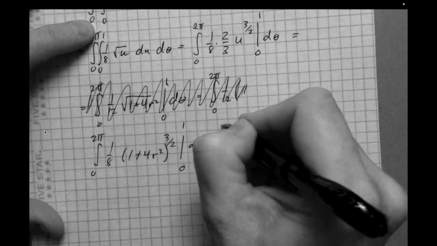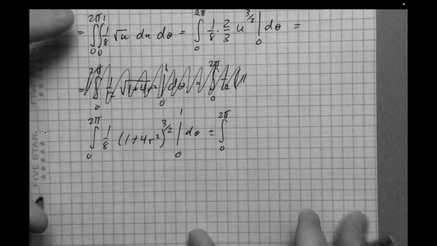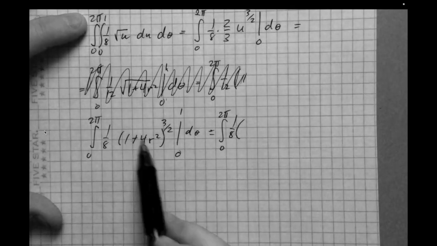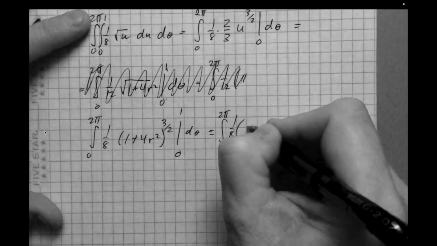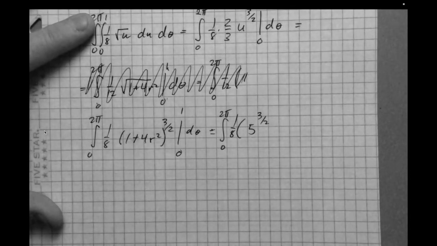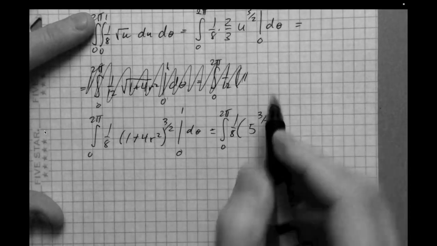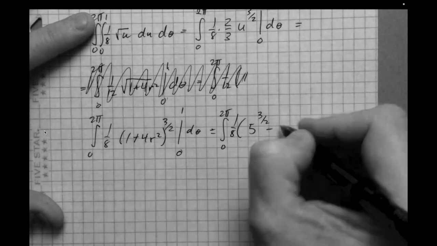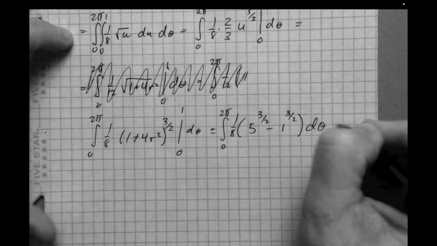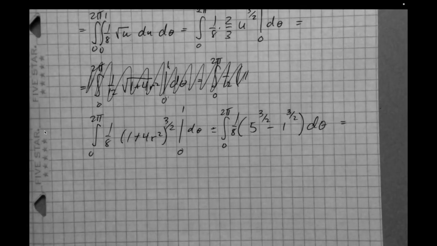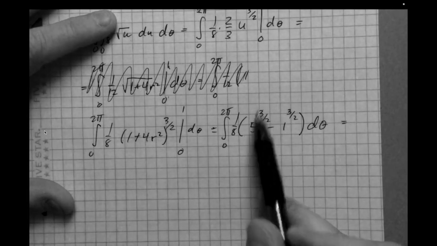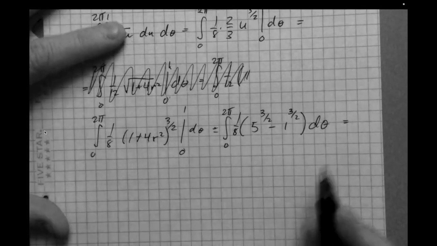Okay, so 0 up to 2 pi, and then 1/8, and then let's do the subtraction. So this will be 1 plus 4, so basically 5 to the 3/2 power, right? And then minus 1 plus 0, so it's minus 1 to the 3/2 power d theta. Okay, so it's all a big constant here. So 5 to the 3/2 power is basically 5 times the square root of 5.